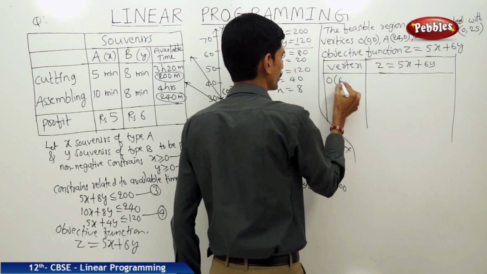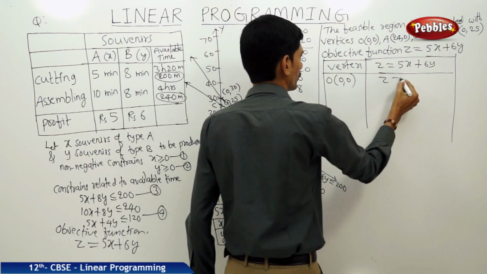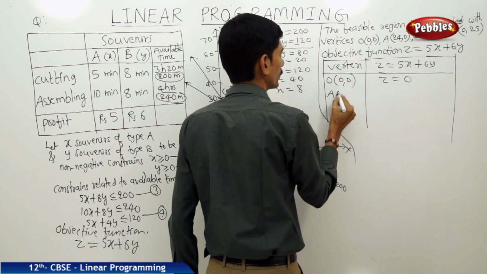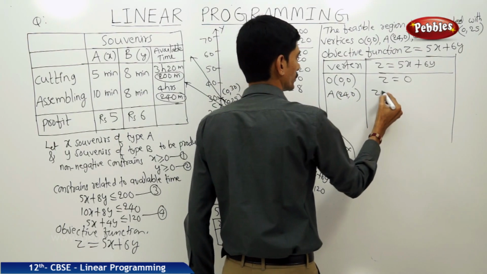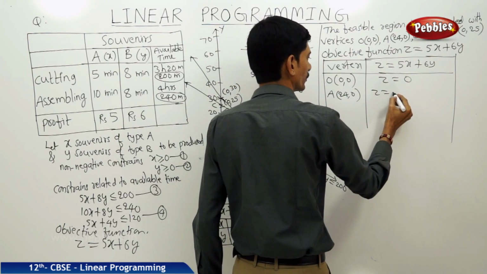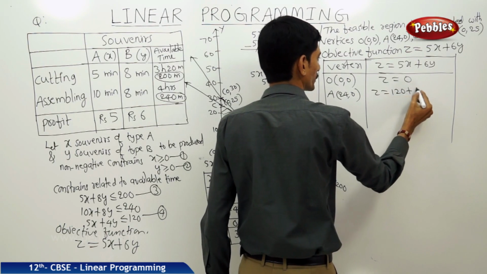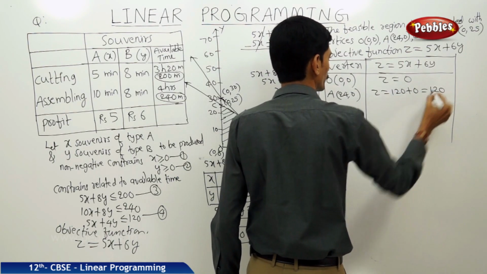First at O 0, 0, z value is 0. At A 24, 0, z value is 5 into 24, 120, plus 6 into 0, 0, that is 120.